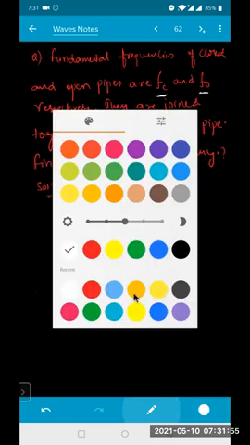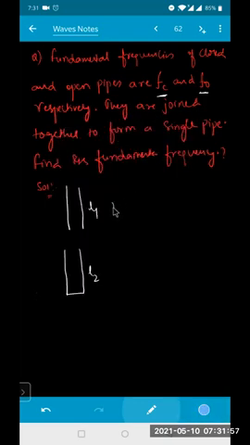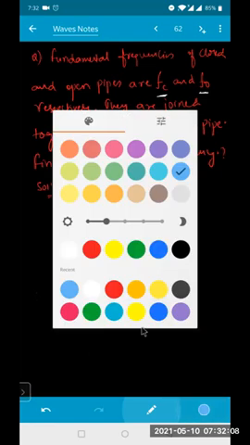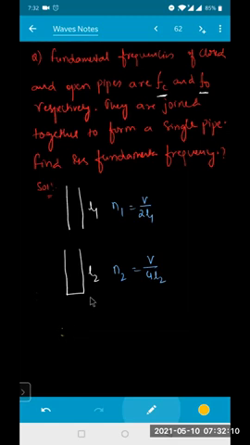You know the frequency in the open organ pipe is N1 = V/(2L1), and the frequency for this one is N2 = V/(4L2). Now, from the fundamental frequency, L1 = V/(2N1), for the open organ pipe, which we write as F0. Then in the same way, L2 will be equal to how much?